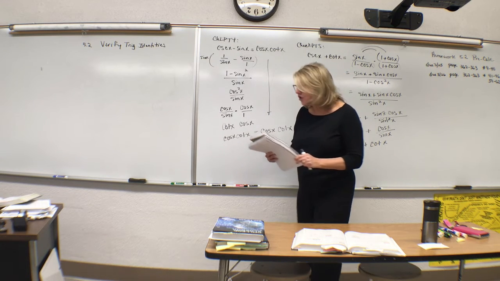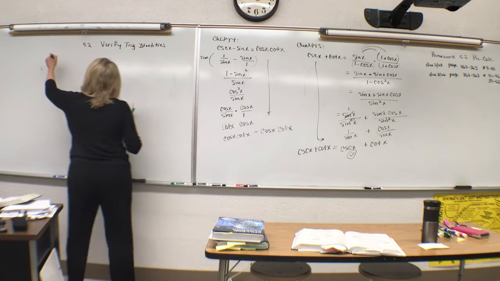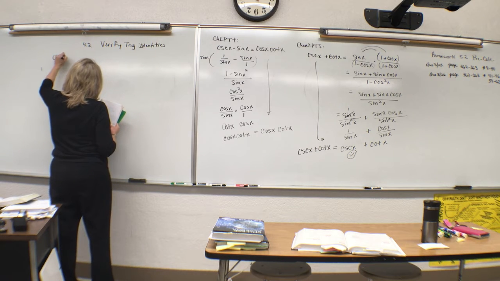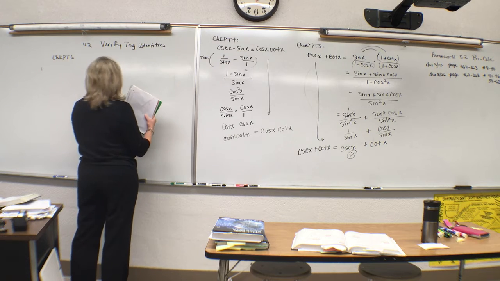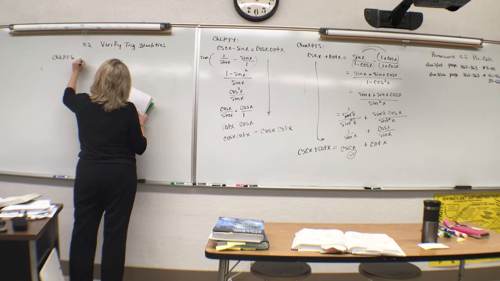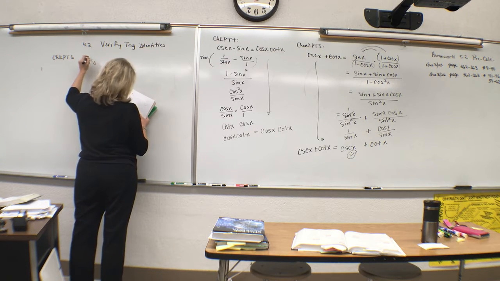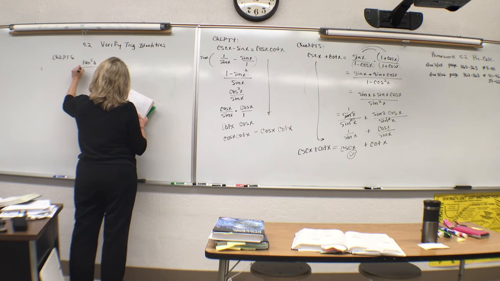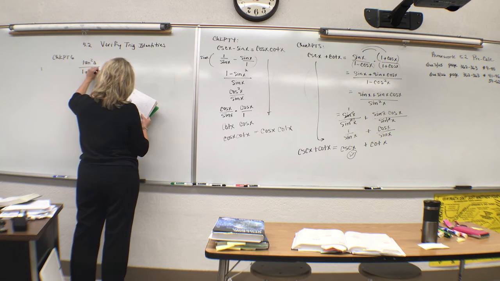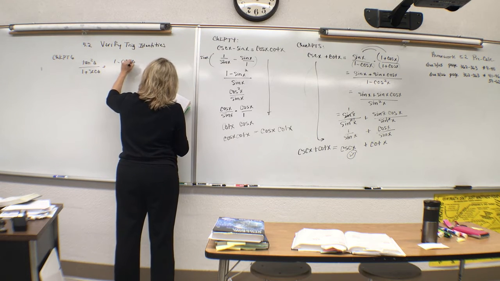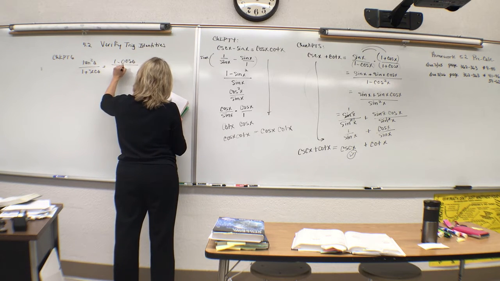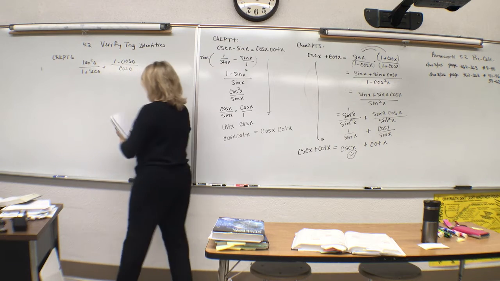If I take a look at the checkpoint for number 6, this time I have ratios on both sides. I have tan squared x, or theta, I suppose they've used, and that's over 1 plus secant theta. And this is equal to 1 minus cosine theta over cosine theta.